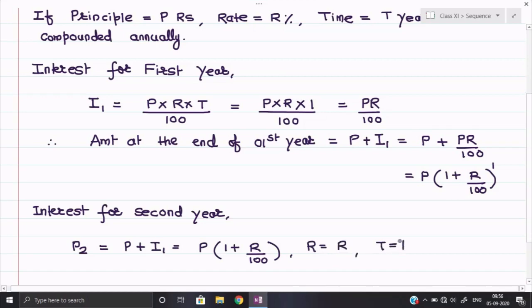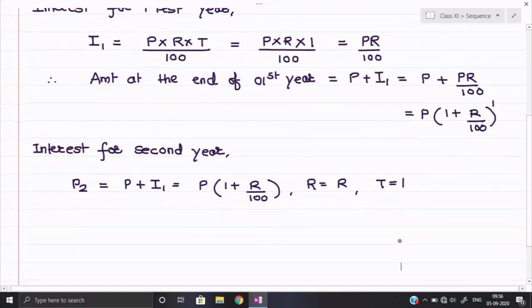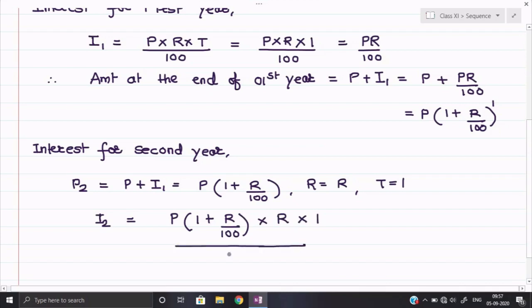Now if I find the value of I2, the interest of the second year, I2 will be equal to P into the bracket 1 plus R upon 100, into R, because I am putting values into the formula P into R into T, where T is 1, and the whole is divided by 100.